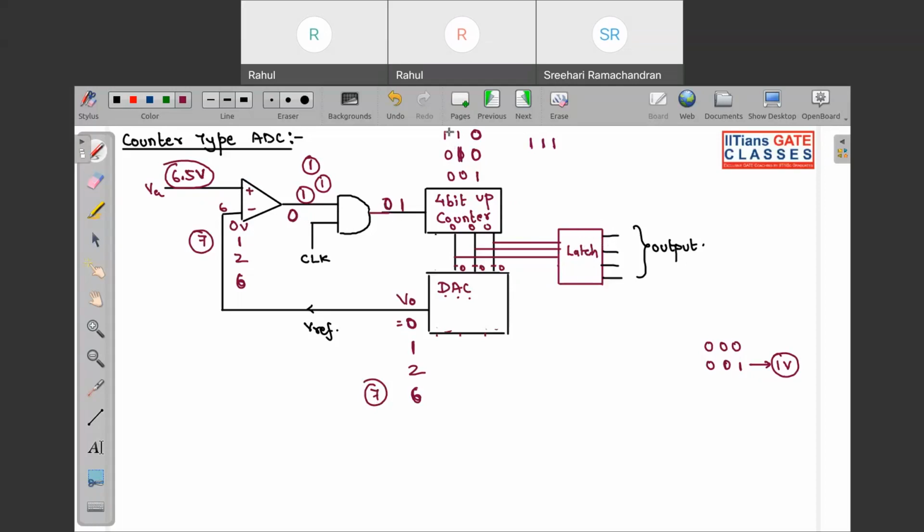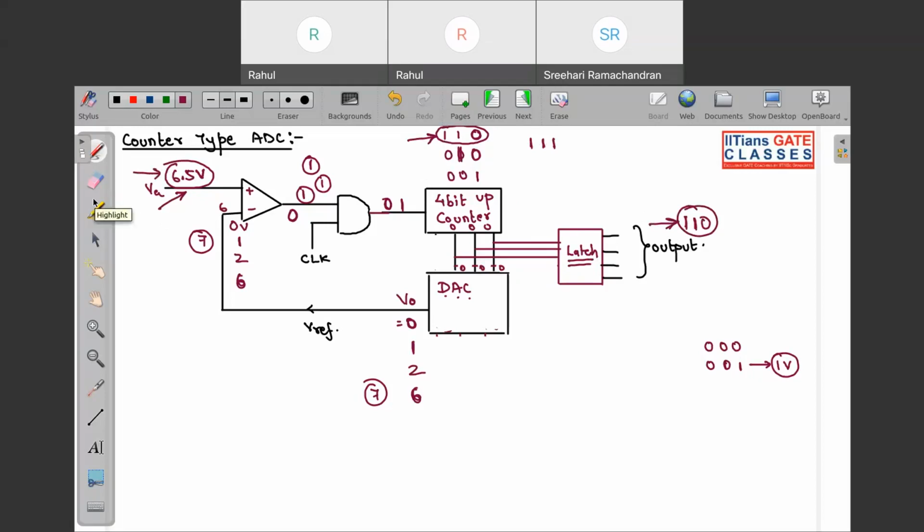The present state was 110. 111 would have been the next state if here we would have got 1. But this is your present state, so your latch has stored it. So for 6.5 volt, the output of this latch will be 110, and this will be the corresponding output for 6.5.